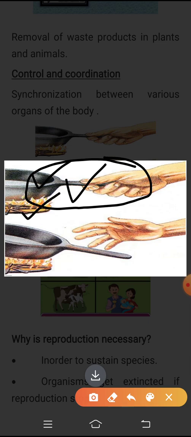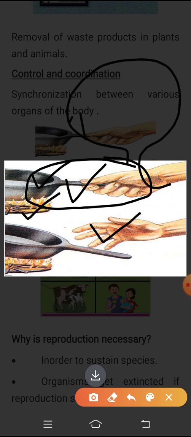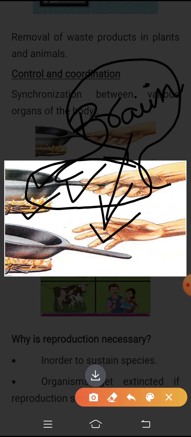This is because there was some synchronization which happened between our hands and our brain.